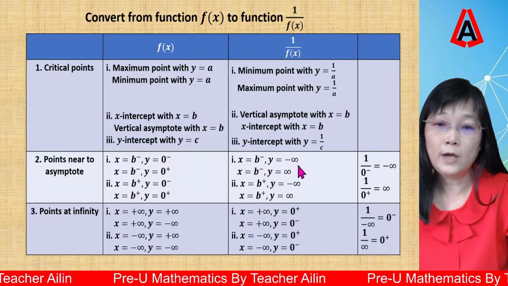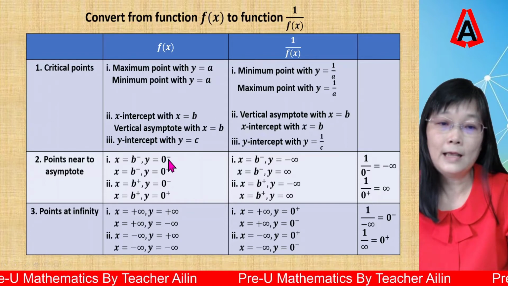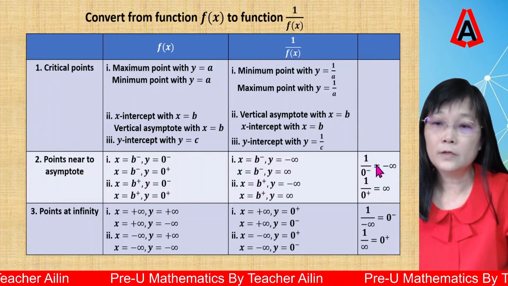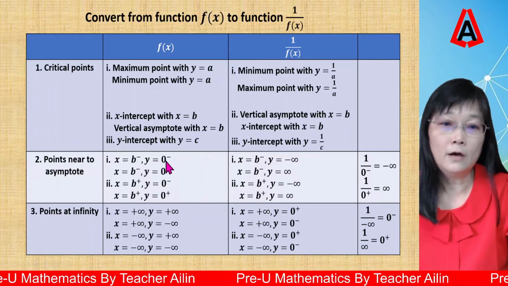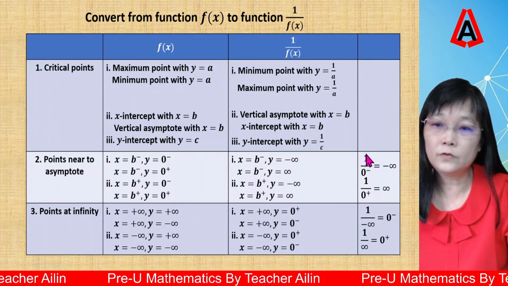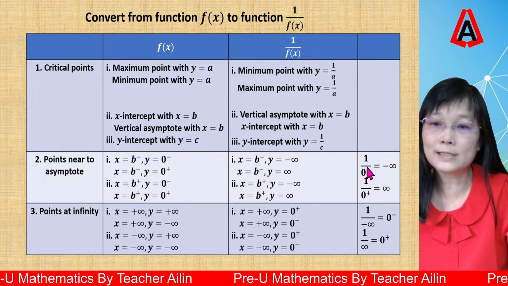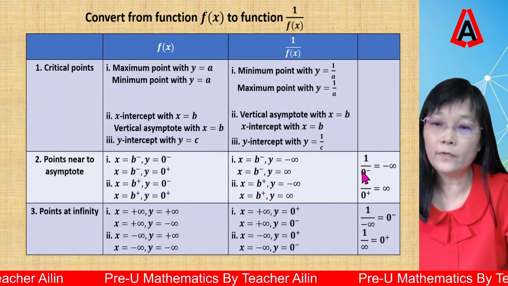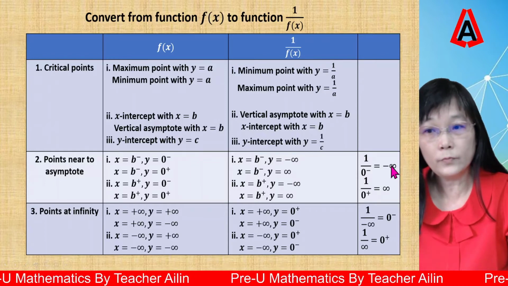Now only the y value will change, from slightly less than 0 to negative infinity, because when it comes to the reciprocal function, we take 1 divided by a number which is slightly less than 0. So 1 divided by a very small value gives a very big value.